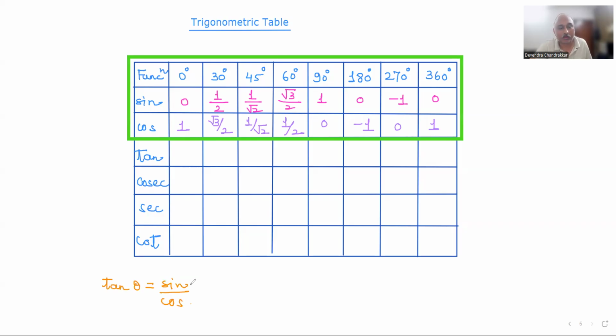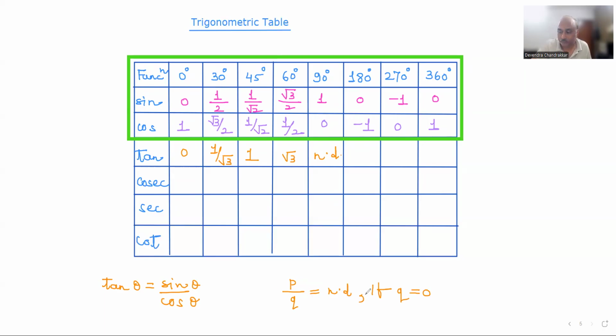Right? So क्या होगा बेटा? You just have to take the ratio. This is 0. This is 1 over root 3. This is 1. This is root 3. This is not defined.